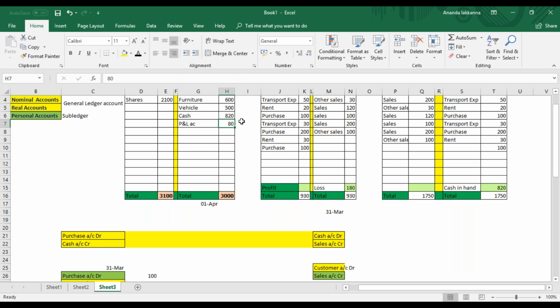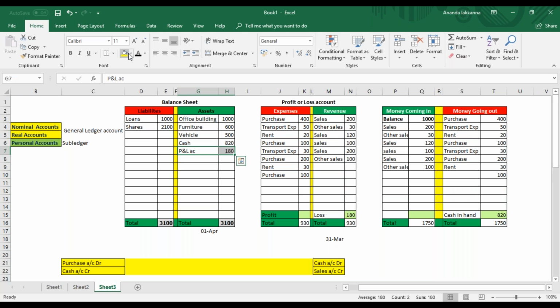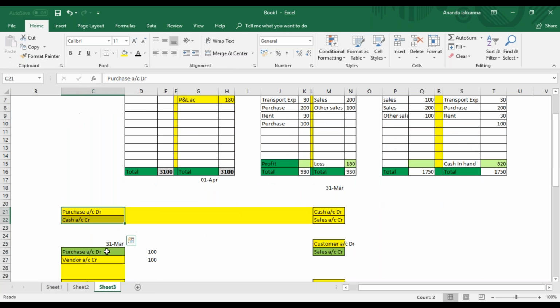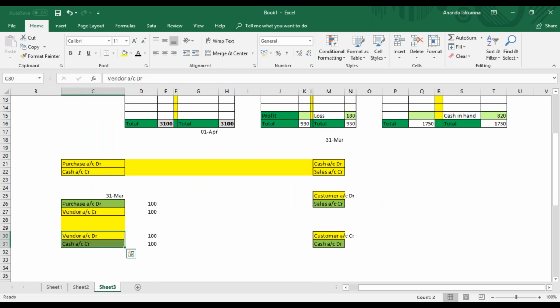And that is my loss, and the cost is done. See here, my loss has come to 180 and my cash is reduced when I give it. If I give it directly also, or on the same day also, this was the entry.